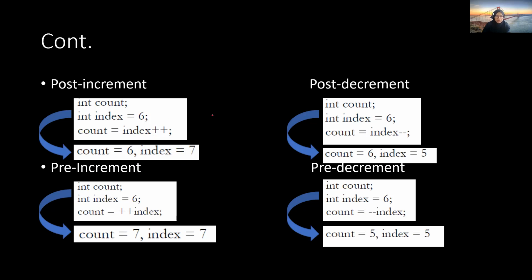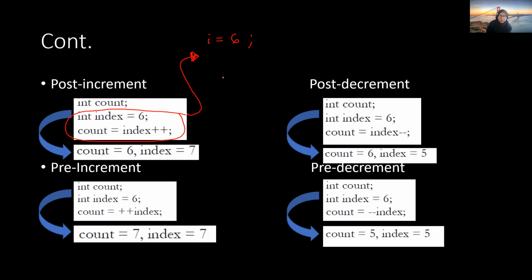Now let's try to break down what this expression means. First of all, the value of index, let's use i because I prefer it simple. So i equals 6. That is the initial value. And then count equals index plus plus.